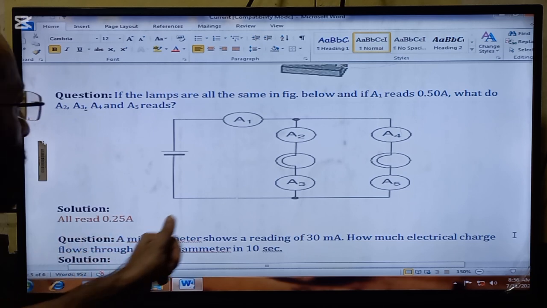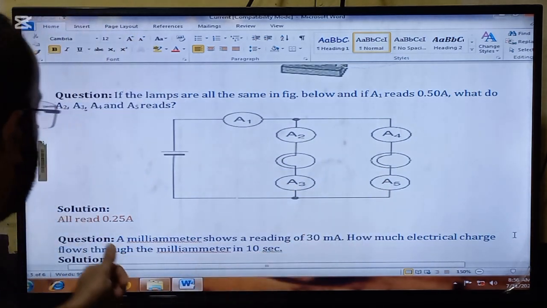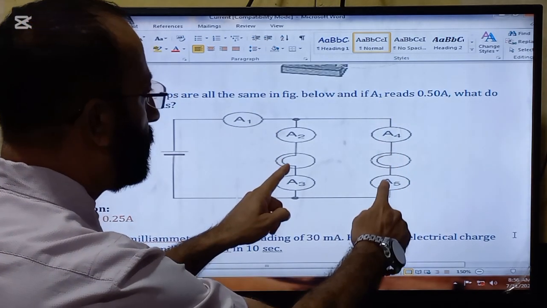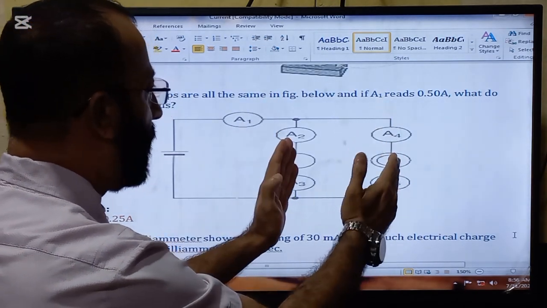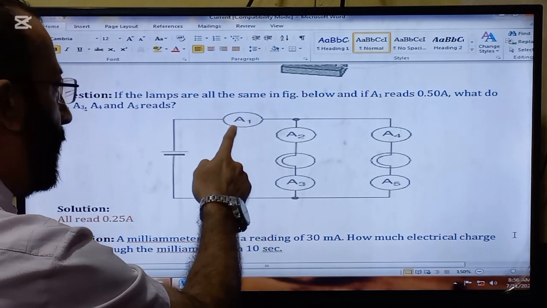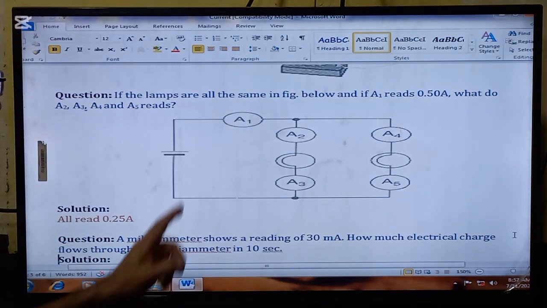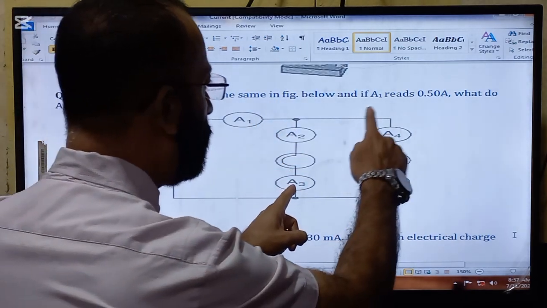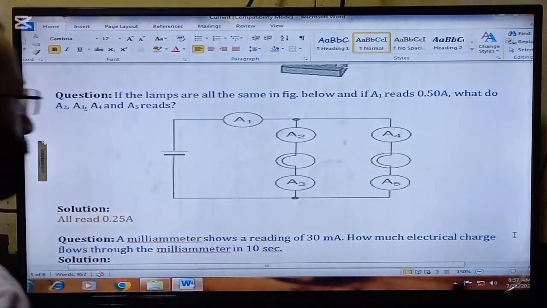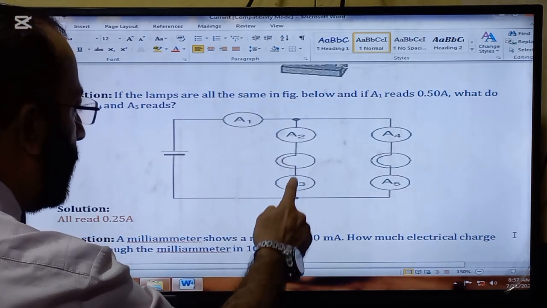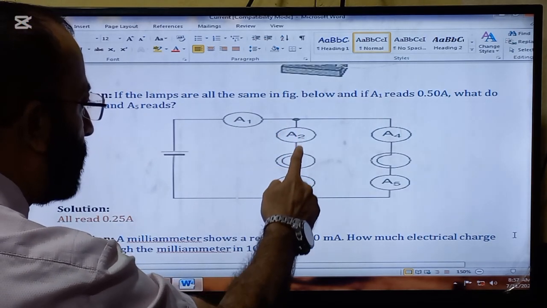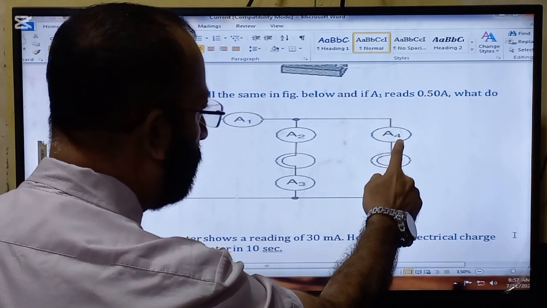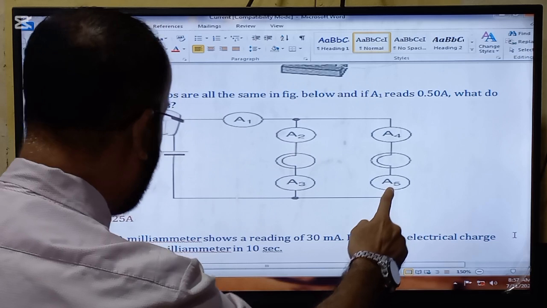So A2, A3, A4, A5 will each read 0.25, because the sum of the currents in the branches will be equal to the current here. So if there is 0.50, 0.25 will move into this branch and into this branch also. And then these are in series, so 0.25 will move from here and 0.25 will move here also. 0.25 will move here and 0.25 will move here also.